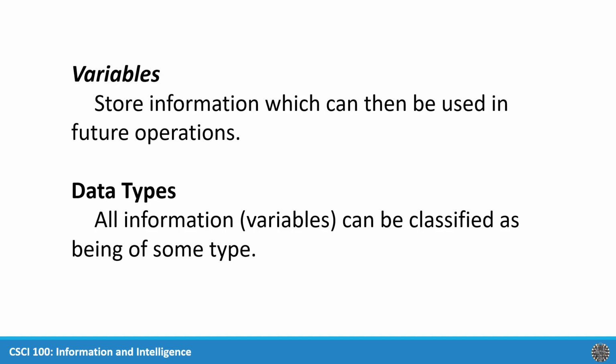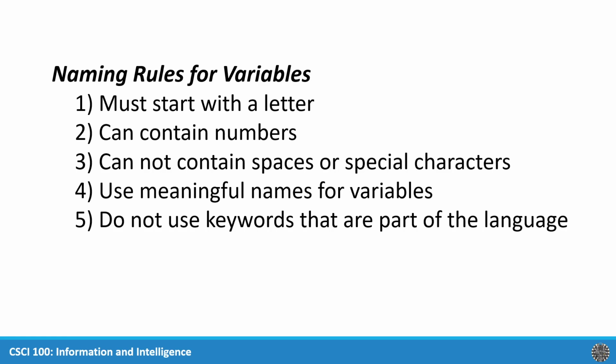Before we go into Arduino, we have to cover some rules for creating our variable names. We just can't use any word to represent information. So as part of our rules, variables have to start with a letter. They can contain numbers as long as it's not in the first position, which refers back to rule number 1. They can't contain spaces.